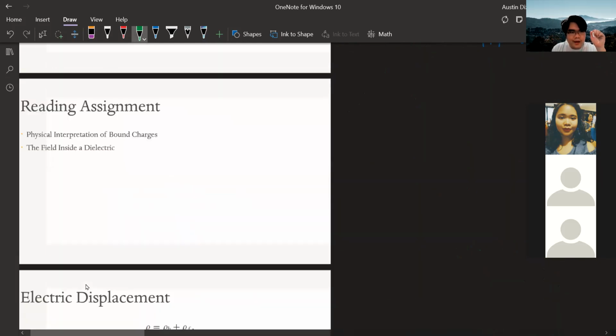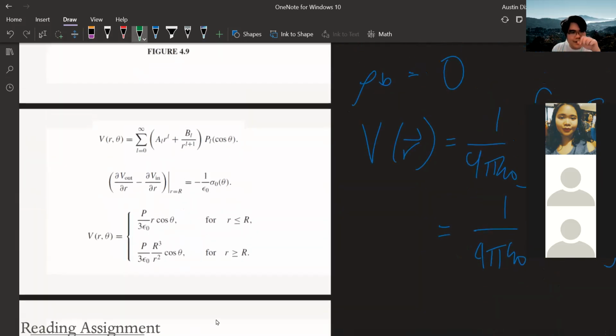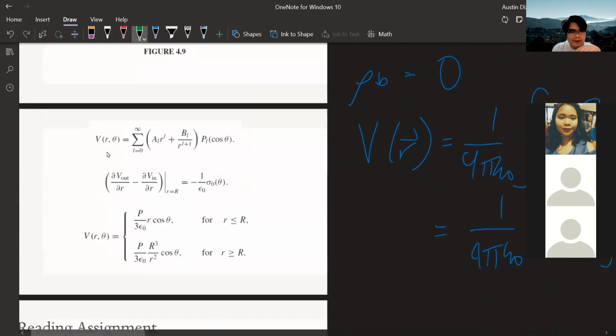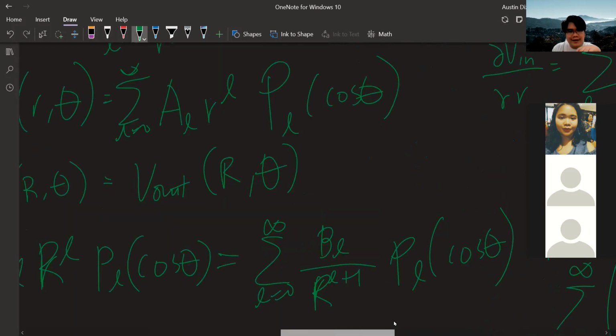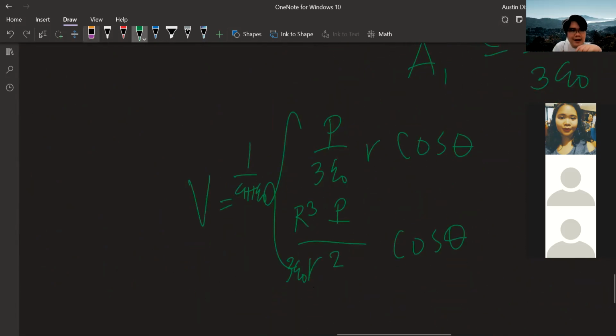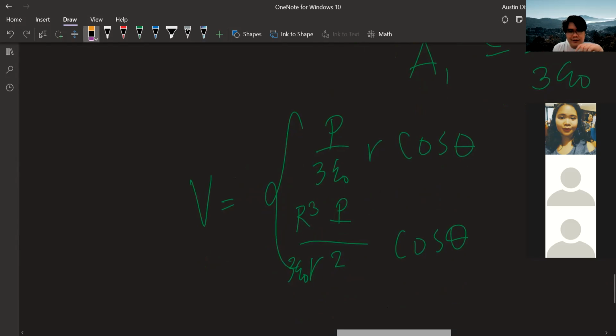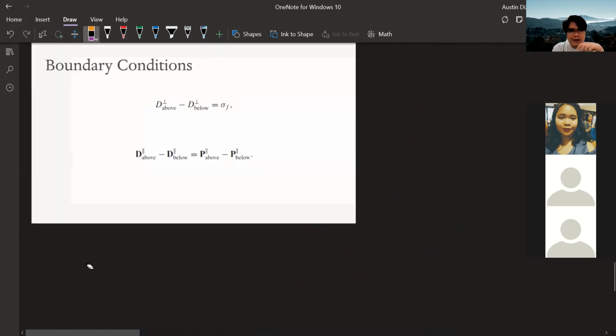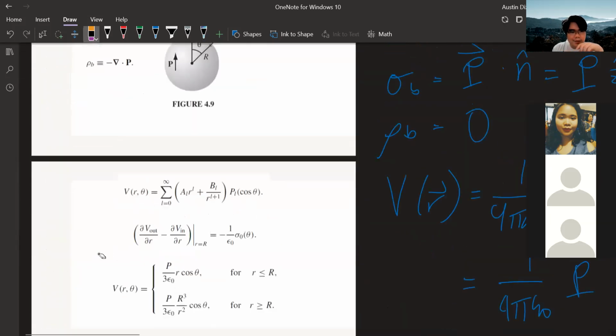May 1 over 4 pi epsilon naught pa ba? Wala na pala, sorry. Walang 1 over 4 pi epsilon naught, dahil naka-incorporate na siya sa system mo kasi may epsilon naught. Natataka ako bakit doble-doble yung epsilon naught. Okay, so going back, is that what we got?